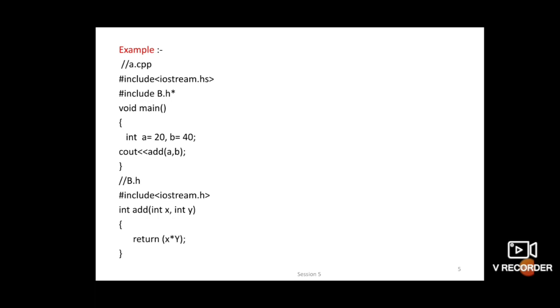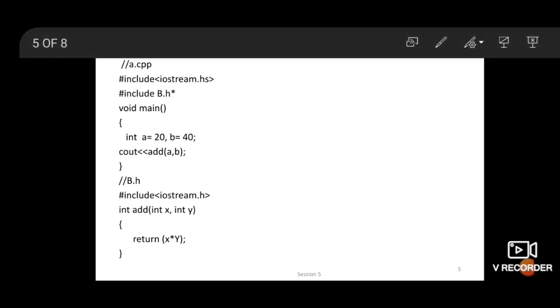This is a simple program. In this program, two processes are there: here process A and here process B, where process A depends upon process B. When process A is being executed, the CPU executes instructions one by one.